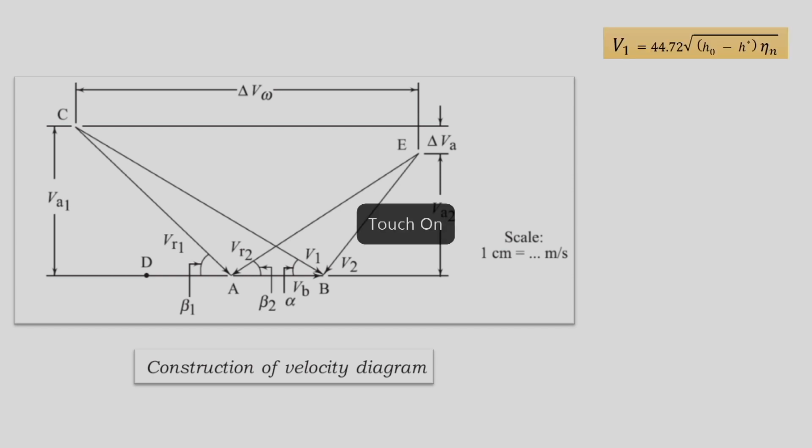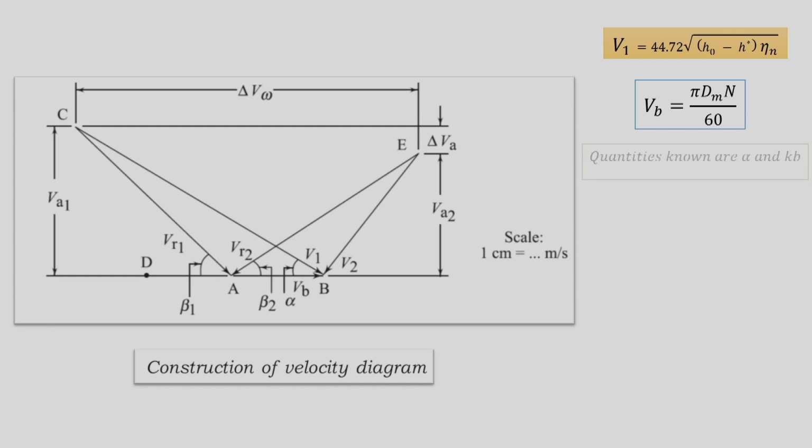Here in this case we know V1 from the enthalpy drop in the nozzle efficiency, and further we also know Vb, which is pi dn by 60. So, two absolute magnitudes of V1 and Vb are known. We know alpha and Kb.